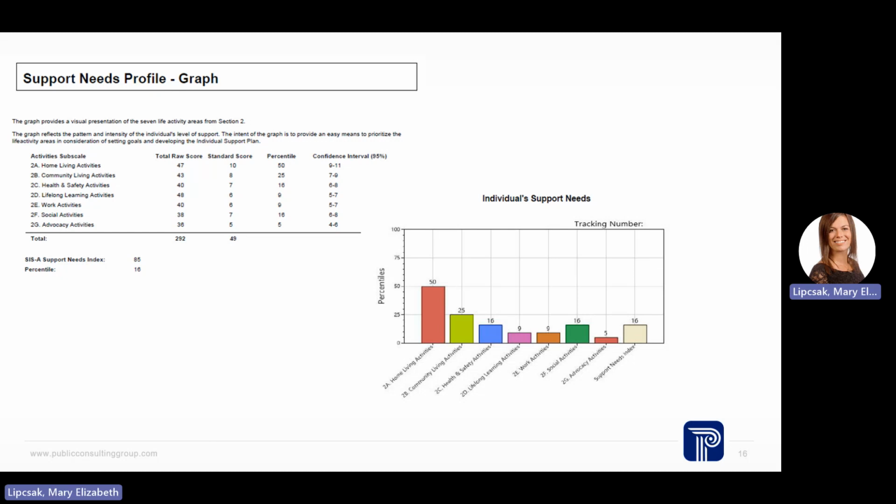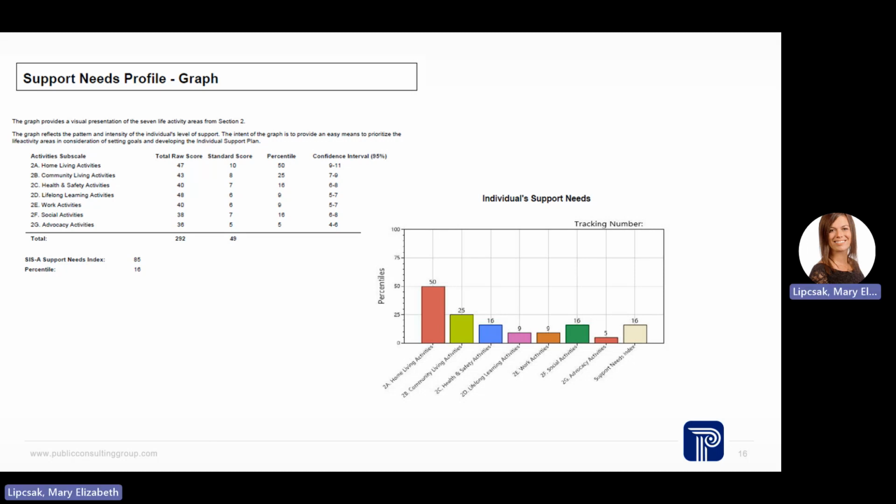The standard score provides a consistent system and formula by AAIDD for comparing raw scores from one person to another. The standard scores range from 1 to 20. A standard score of 10 is average and indicates that the individual needs an average amount of support in that area.